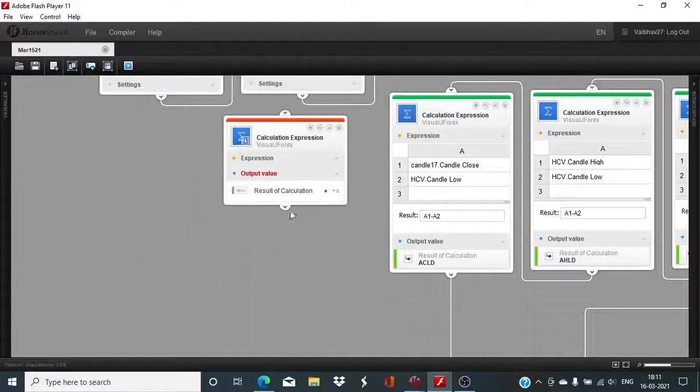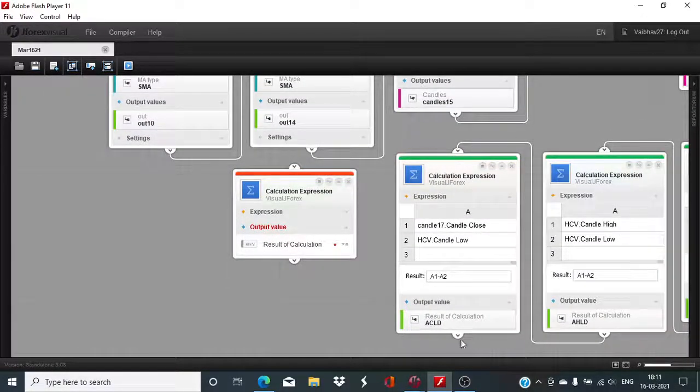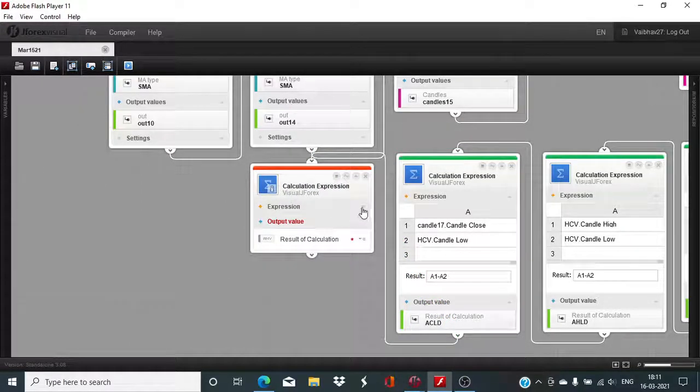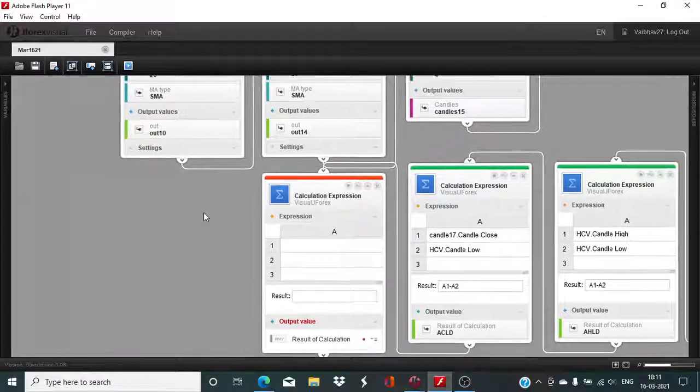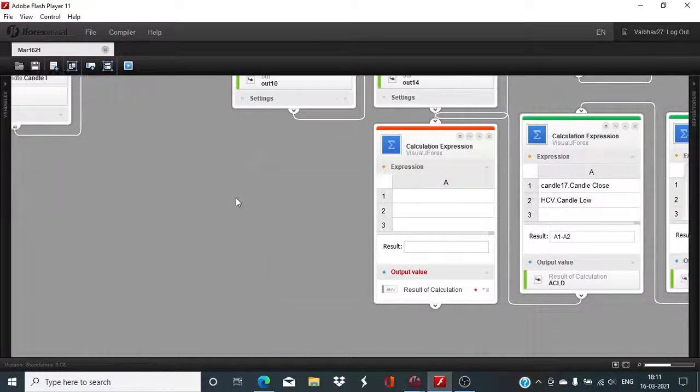So here I will disconnect this. Candle 17 candle close.